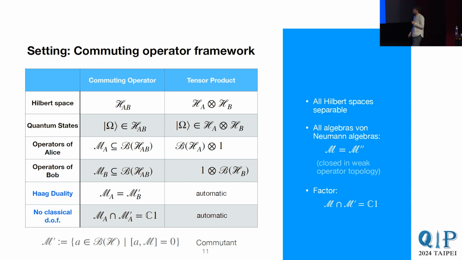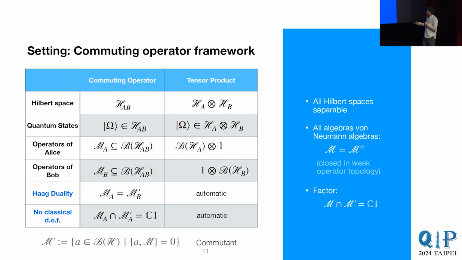And in fact, what we usually assume, as a standard assumption, is that these are not just any sets of operators, but algebras, and in fact, von Neumann algebras. A von Neumann algebra is one that is closed in the topology that's induced by taking expectation values with density matrices in your Hilbert space. You don't really have to know much about these for the rest of the talk. We will tell you what you need.